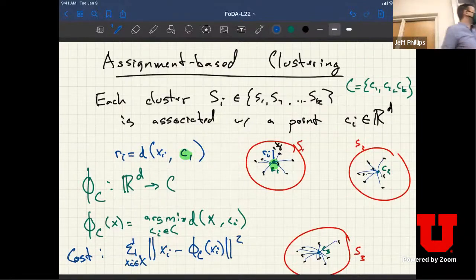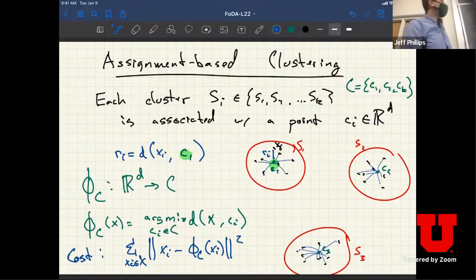So again, sum of squared errors. I want to minimize the sum of the squared residuals, but now the residuals are defined by mapping onto the closest of the centers instead of onto a subspace, or instead of the response variable y that I have in regression.